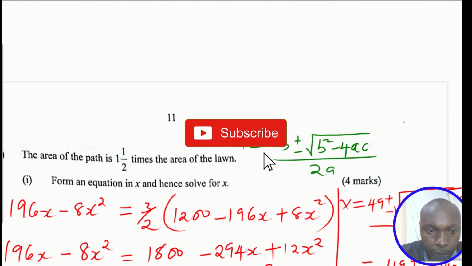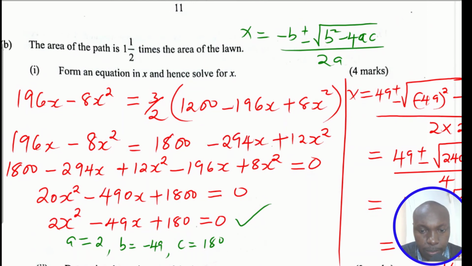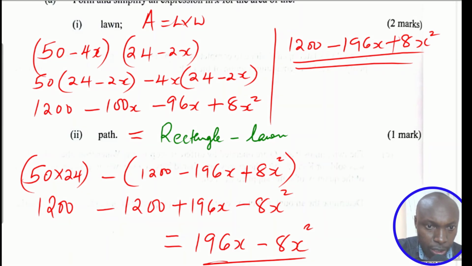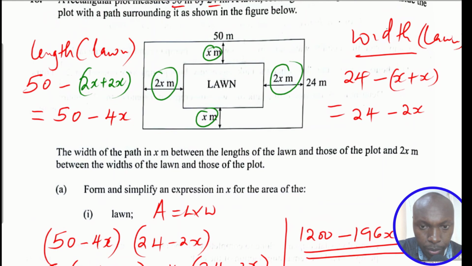Now let me go to the previous part of the question. We had already obtained the expression for the length of the lawn. Remember, the length of the lawn was 50 subtract 4x. The width of the lawn was 24 subtract 2x.